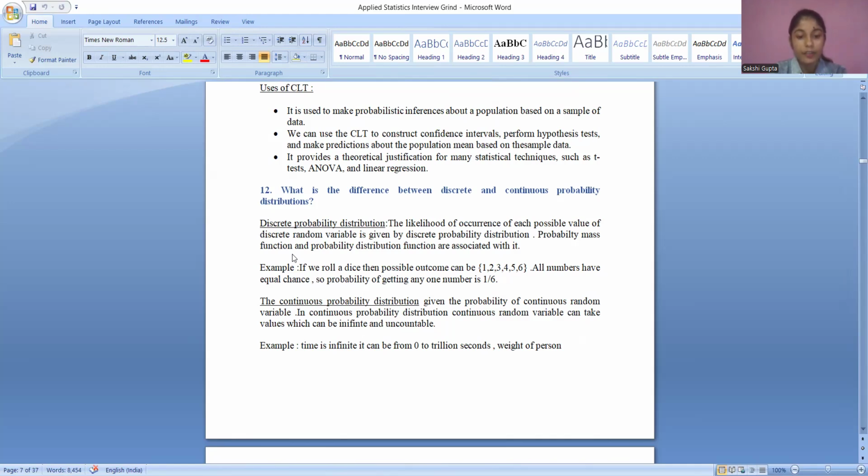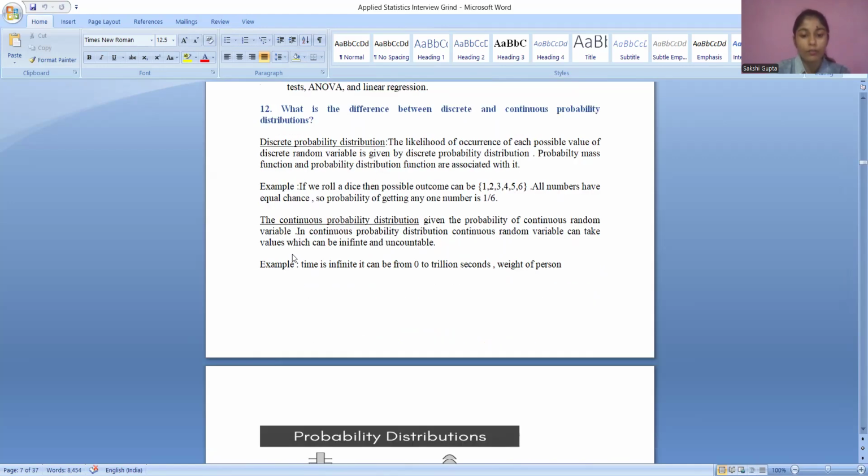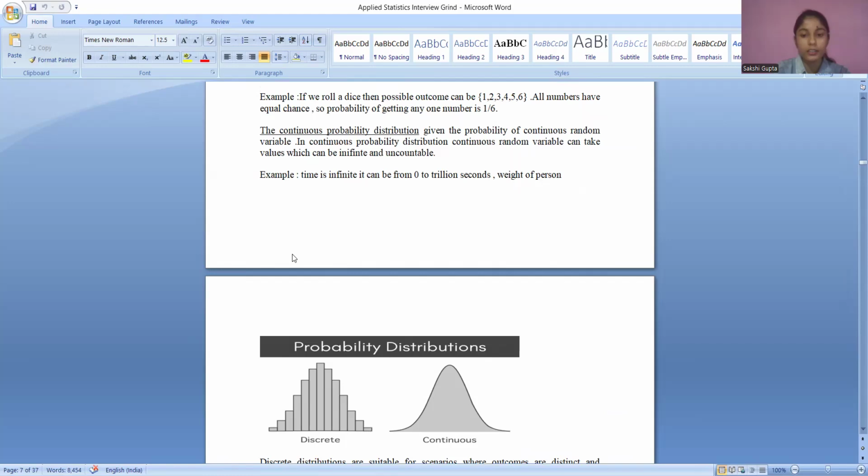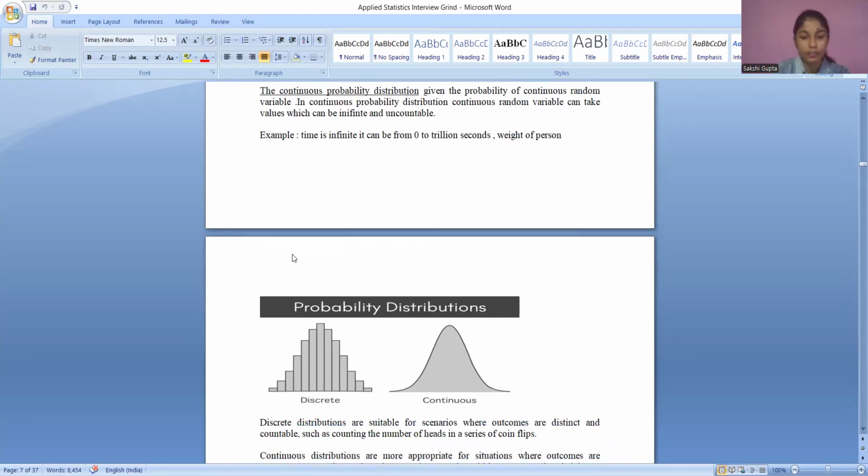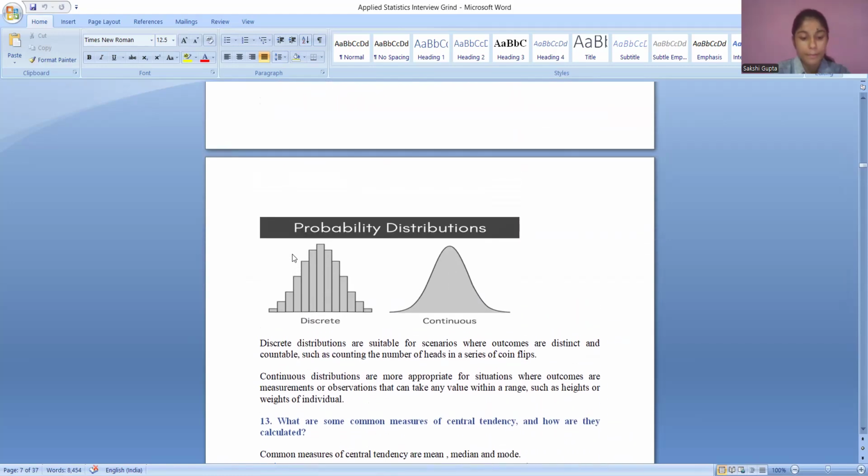Time is infinite. It can be from 0 to a trillion seconds. The weight of a person. Here the probability of getting an exact value is 0. So we calculate the probability over an interval. For example, the probability that height is greater than 5 and smaller than 6.